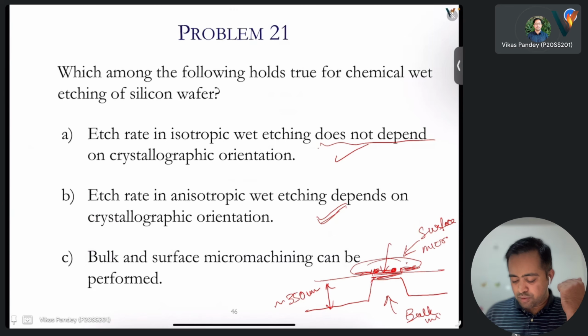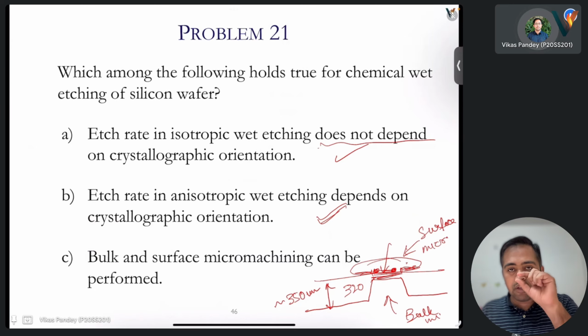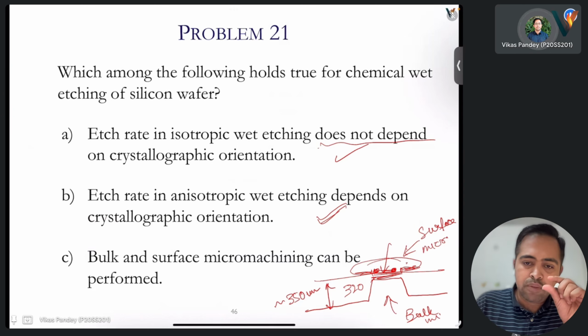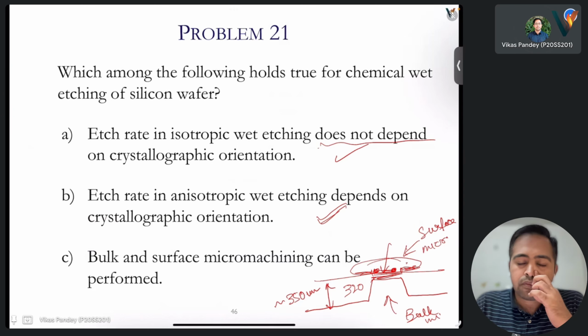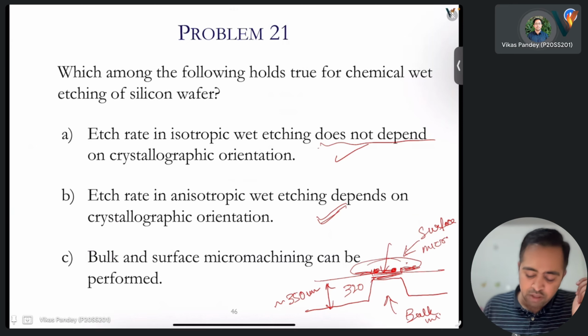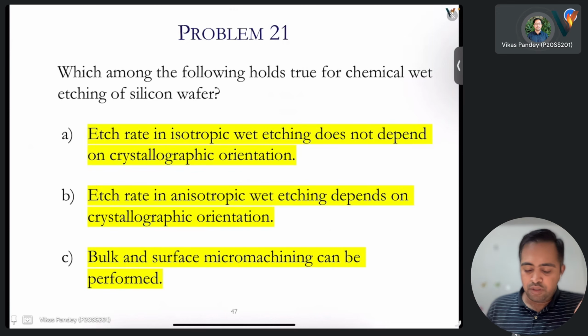We remove 310 or 320 microns, and then a very thin diaphragm of 20, 30 microns is made, and that acts as a pressure sensor, because such a thin layer will be sensitive to pressure; there will be some bending, and that can be detected. So all these are true for wet chemical etching of the silicon wafer.